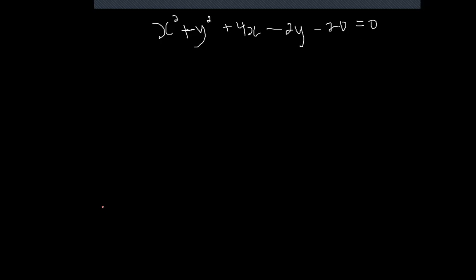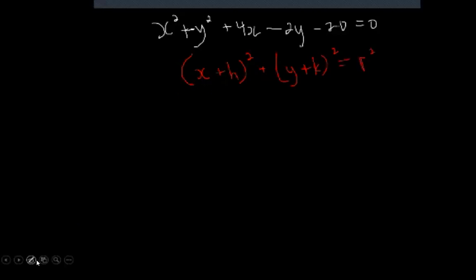What they wanted you to do is put this into the standard form, which is (x plus h) squared plus (y plus k) squared is equal to r squared.